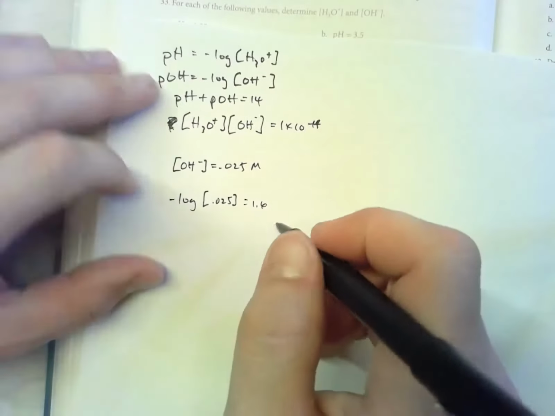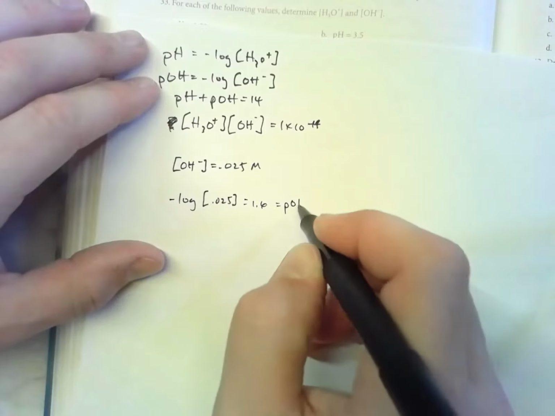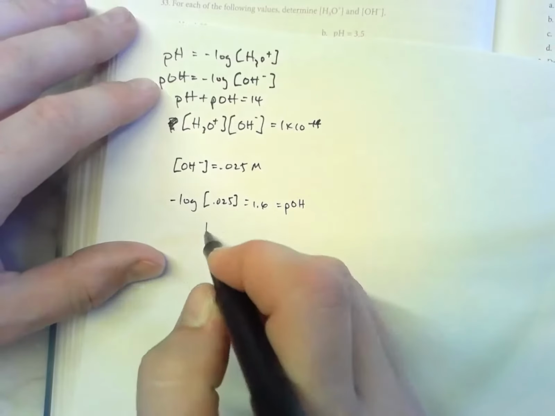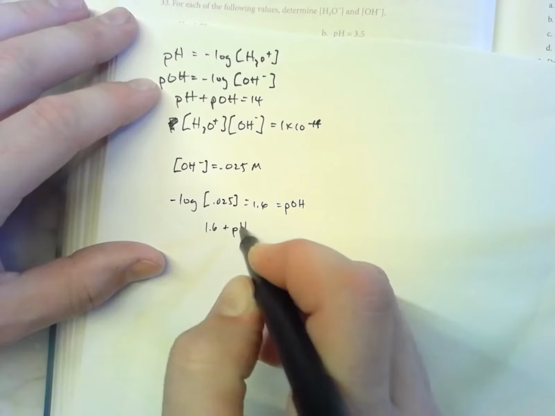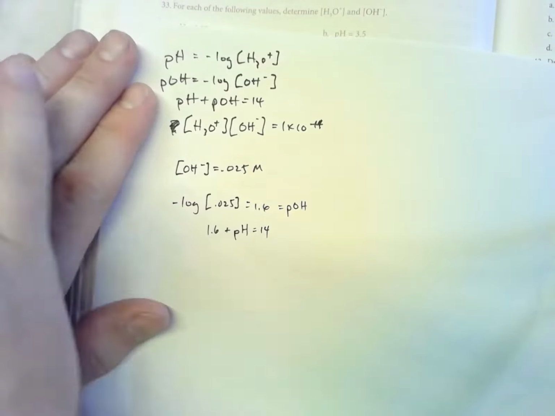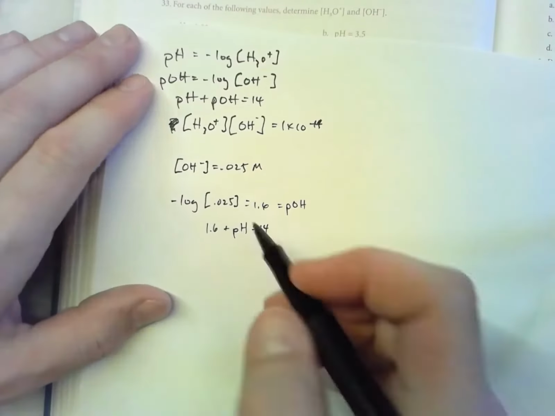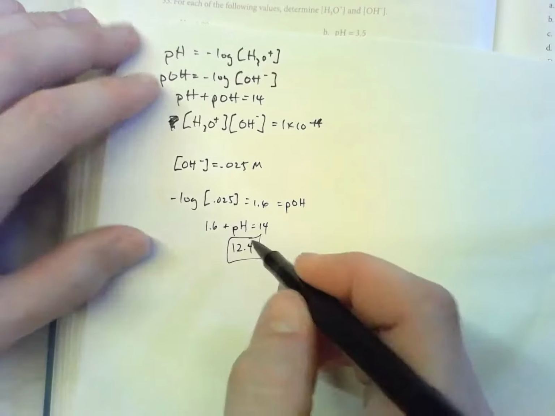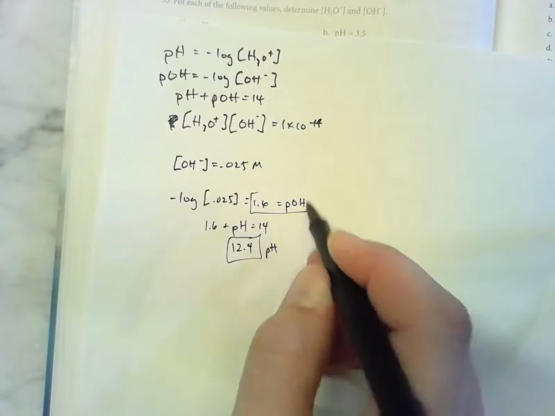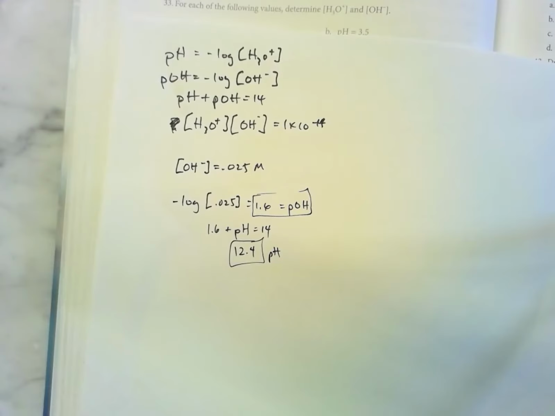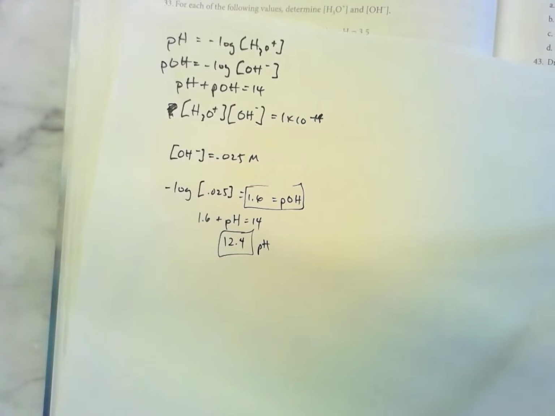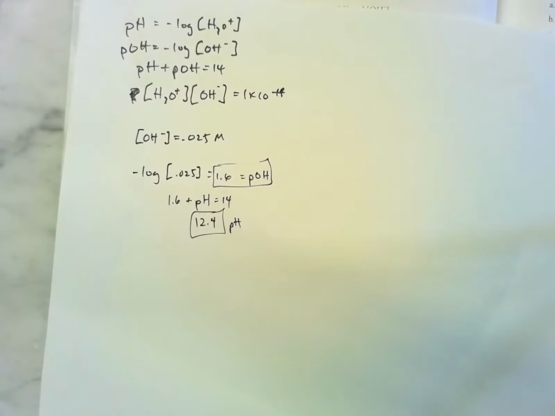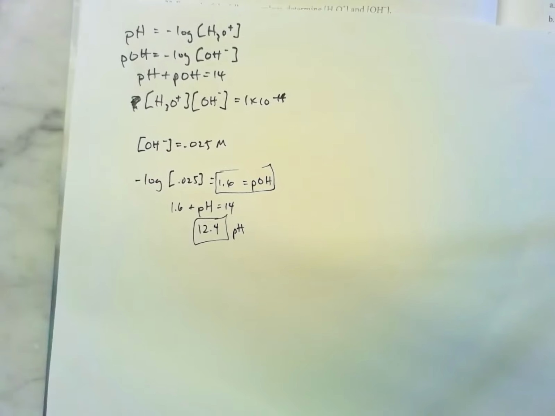So that's equal to our pOH. And 1.6 plus the pH is equal to 14. And we get that the pH is 12.4. Answer, pH. Answer, pOH. Okay? If you're not getting what's going on, just speak up, pause me, whatever.